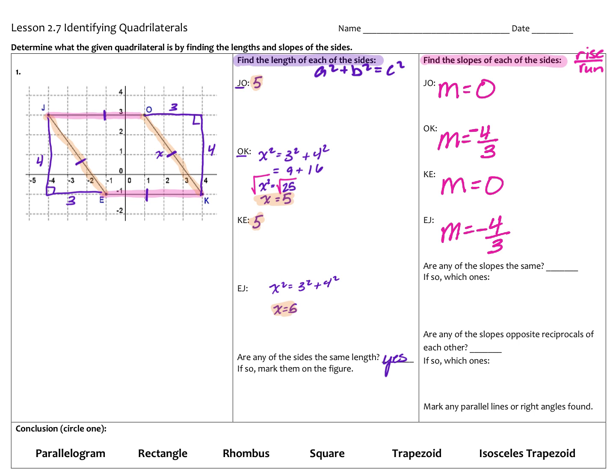So questions. Are any of my slopes the same? Yes. Okay, so which ones are the same? That would be OK and EJ. Are any of the rest of them the same?